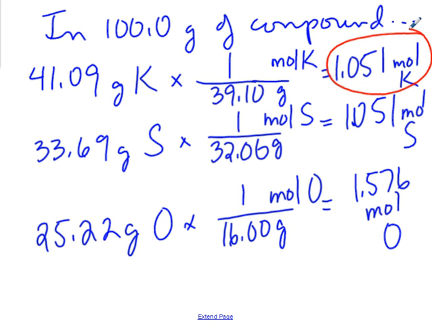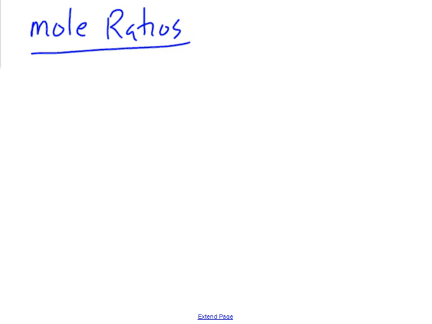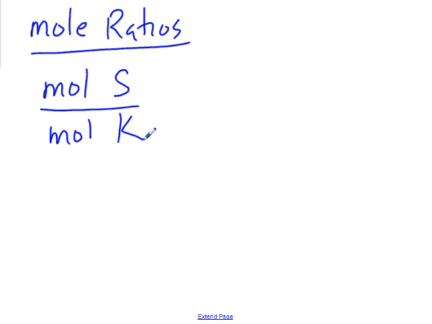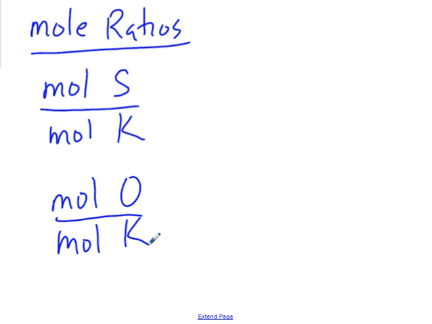And what I'm going to do when I do my mole ratios is take the other moles, oxygen and sulfur, and divide by the smallest one. So over here, I'm going to take moles of sulfur and divide by moles of potassium. I'm going to take moles of oxygen and also divide by moles of potassium, dividing by the smaller one.